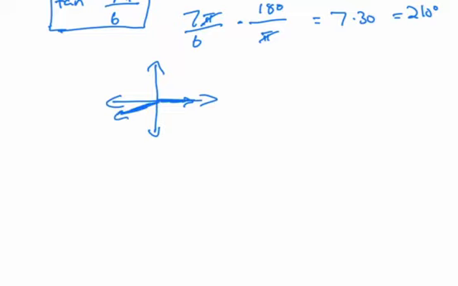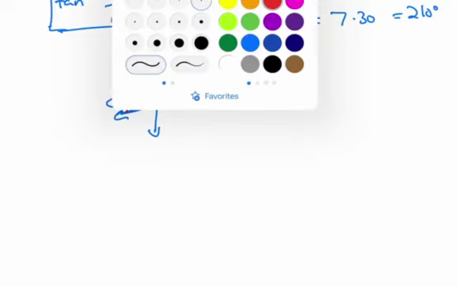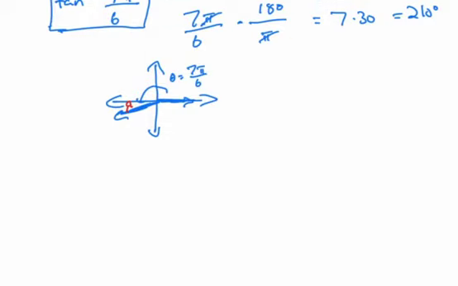So this is theta, 7 pi over 6. Now to get that reference angle, what I want is this distance from here to here. I can also just do it numerically: 210 subtract 180. Either way, this is a distance of 30 degrees.